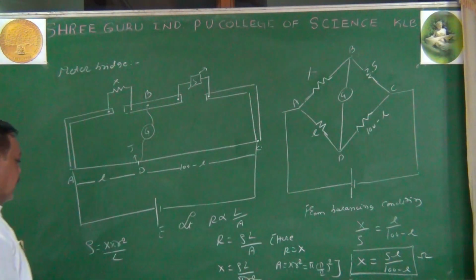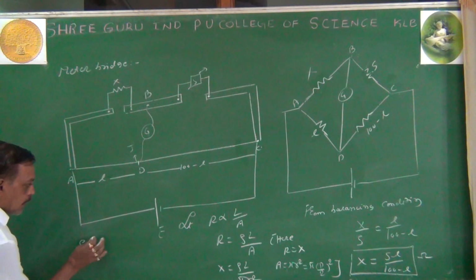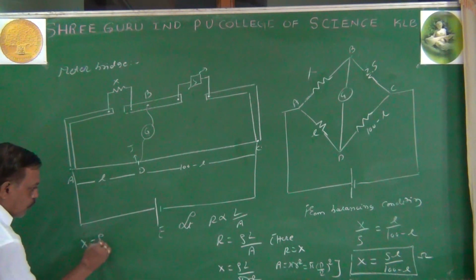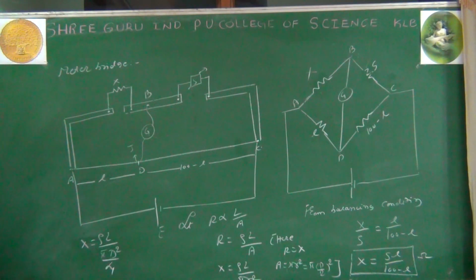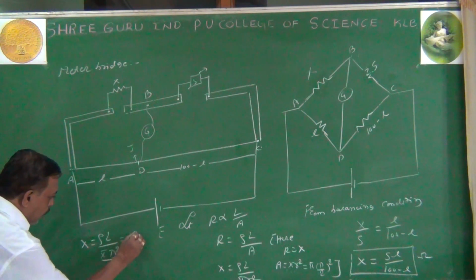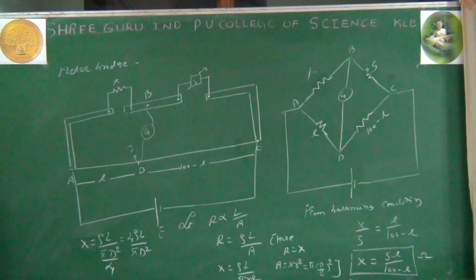Substituting, X equals rho L divided by pi d square by 4. So the final equation is X equals 4 rho L divided by pi d square. I need the resistivity rho equals X pi d square divided by 4L. Its SI unit is ohm meter.